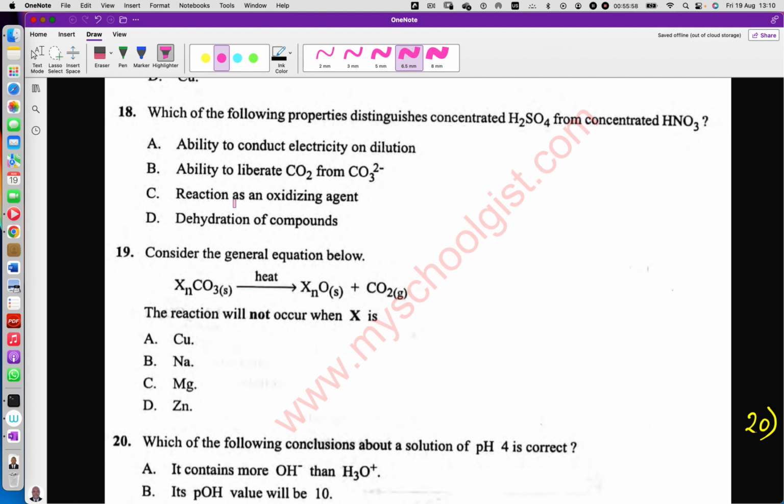If you pass ethanol through it, you will definitely see there will be a dehydration resulting in ethene. A molecule of water is being removed. Meanwhile, nitric acid is a strong oxidizing agent. Nitric acid is a strong oxidizing agent.